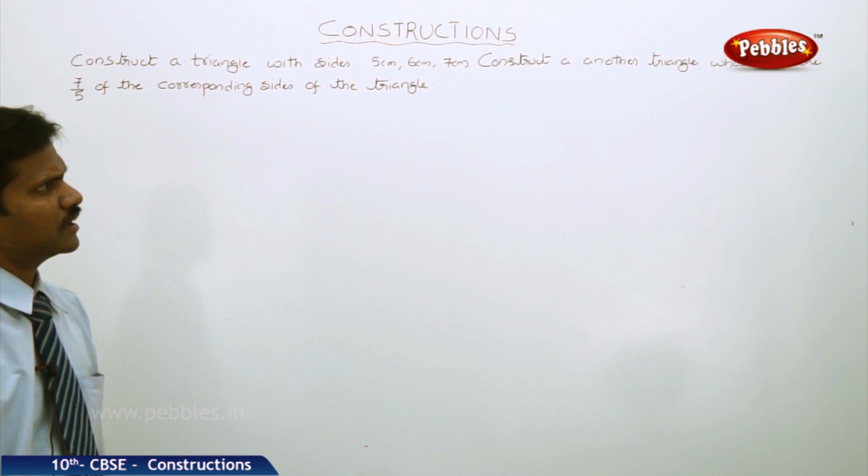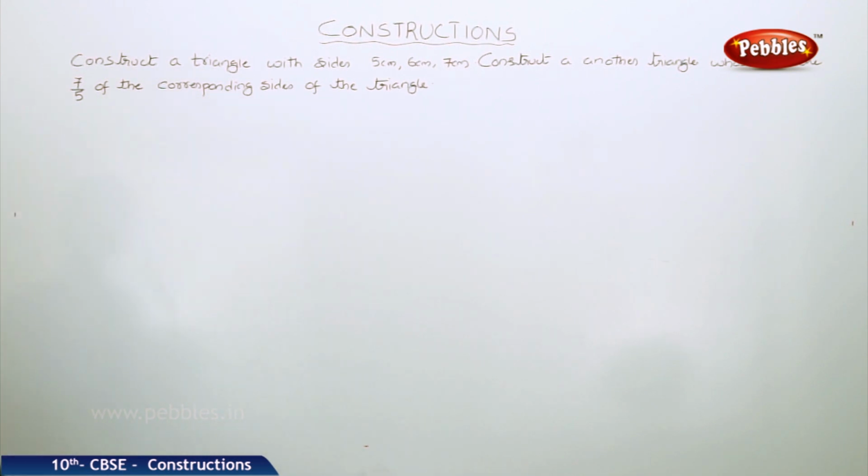Construct another triangle whose sides are 7 by 5 of the corresponding sides of the triangle.